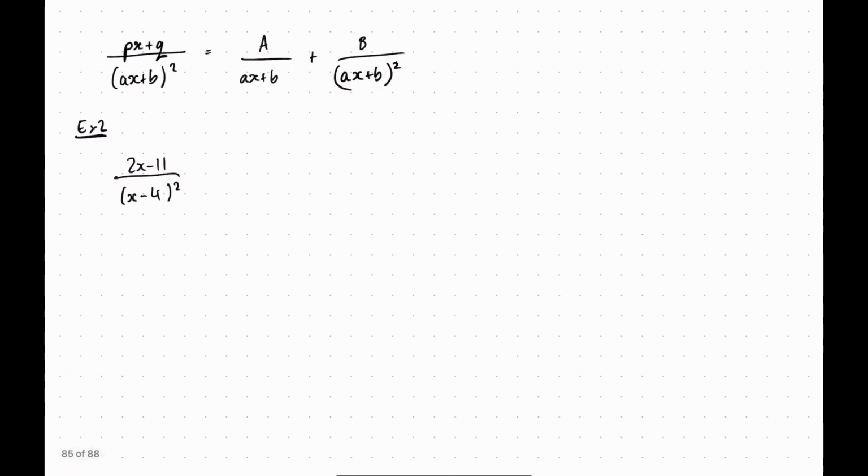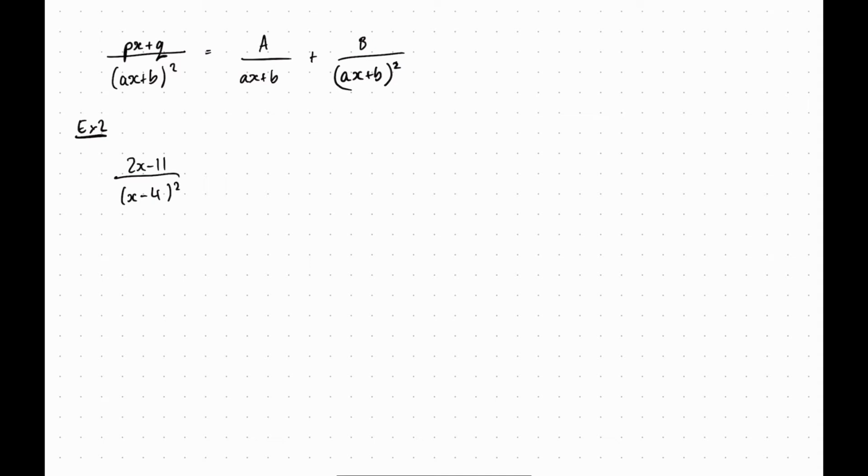So yeah, the next thing, what happens when you've got a repeated root on the bottom? Okay, it's a bit different. If you've got a repeated root, what you have to consider is just the bracket itself, the x plus b, and then you also have to consider the squared version of a bracket.